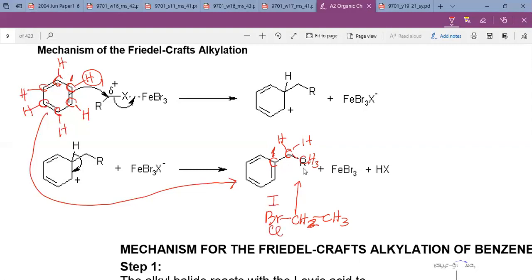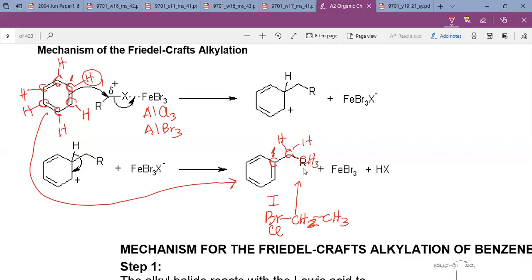Fluorine is a bit too strong, so normally I use a halogen carrier. If it's Br here, I put FeBr3. I can also use AlBr3 or AlCl3. Any of these are called halogen carriers. They will carry away the chlorine.